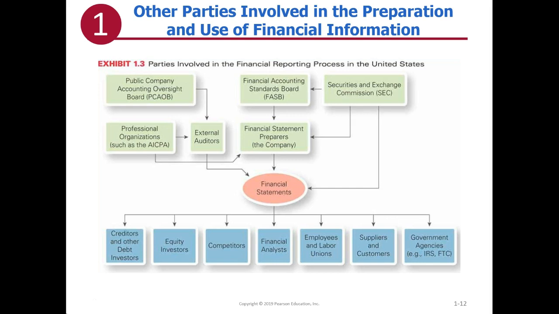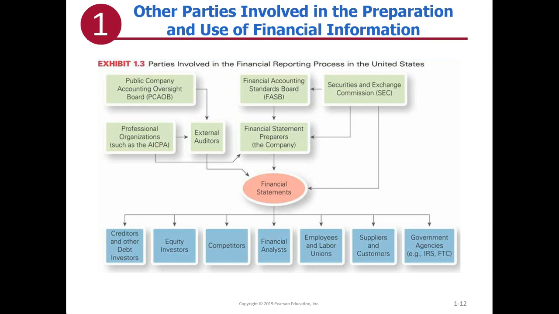This is perhaps the most important slide of this presentation. What we're seeing is the players that make financial accounting and reporting work. And in the center, we have financial statements being prepared by the company. And they're being issued down to the blue squares to all the different users of financial information. But what makes that little flow work well are the surrounding groups that add credibility to the whole process.